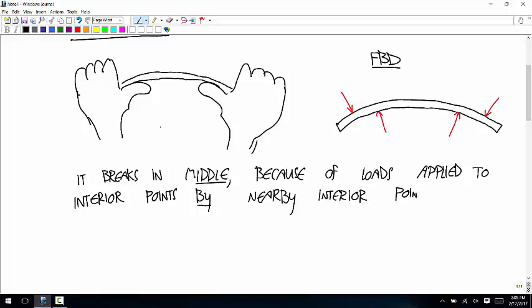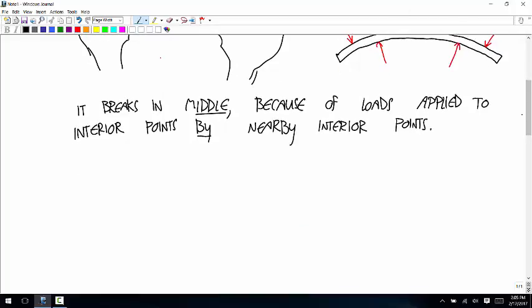So that's the idea of internal loads. We want to calculate the loads that are applied to one place inside a beam by the points next to it.